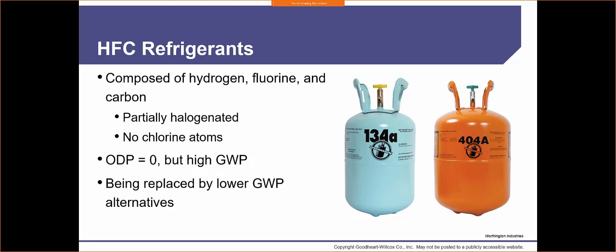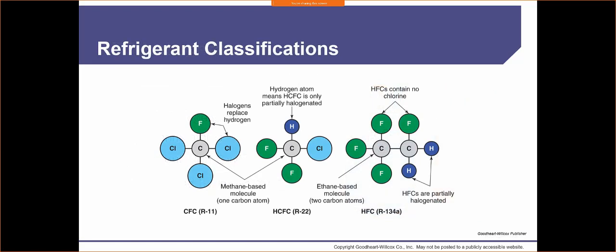They're going to create greenhouse gases, and they're going to be replaced by lower GWP alternatives. So we have refrigerant classifications, all right, CFC, HCFC, and HFC, and these are just the atoms of each. Halogens replace hydrogen, hydrogen atom means HCFC and only partially halogenated, so basically these are just the building blocks of the refrigerants.